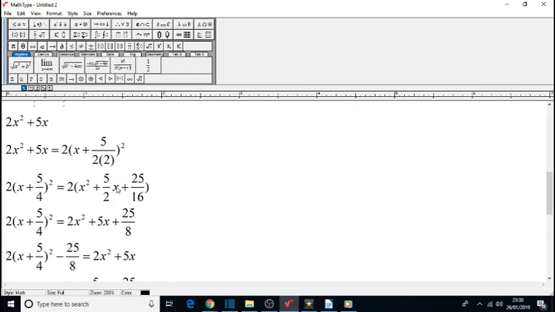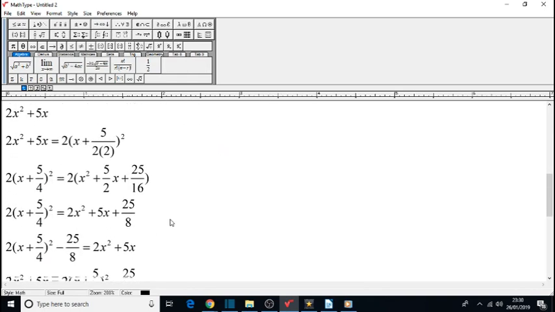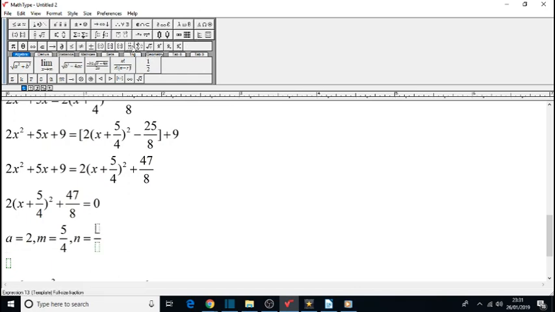And we have now written 2x squared plus 5x plus 9 in the form a(x + m) squared plus n. And to show that you truly understood the question, write what a is. So a is equal to 2, as I pointed out at the beginning of the question. m in this case will be equal to 5 over 4, and n is equal to 47 over 8.